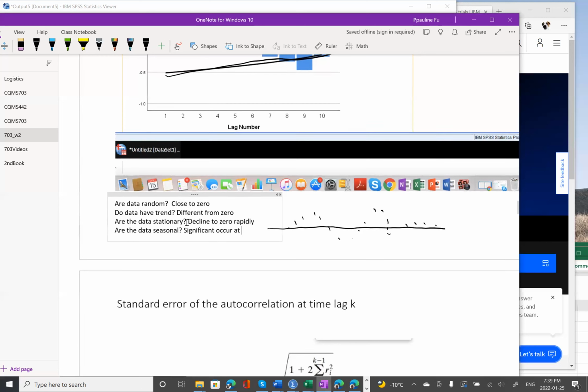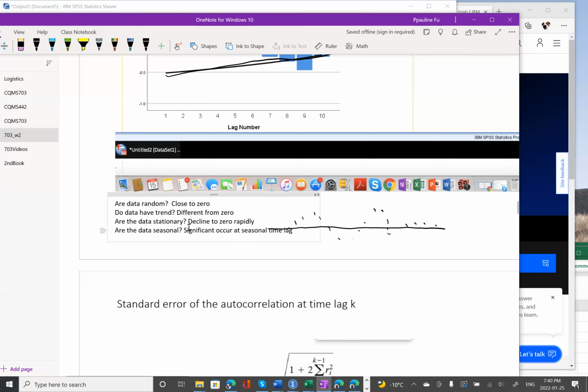The seasonal time lag is 4 when it is quarterly data, and when it is monthly data, it is 12. So those are commonly asked questions for time series data, and we can use autocorrelation to answer those questions.